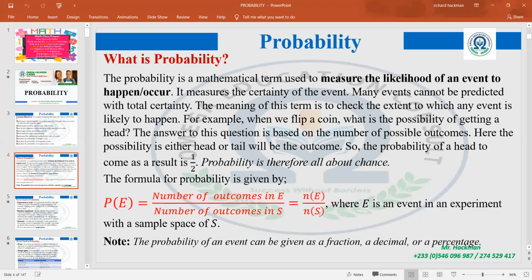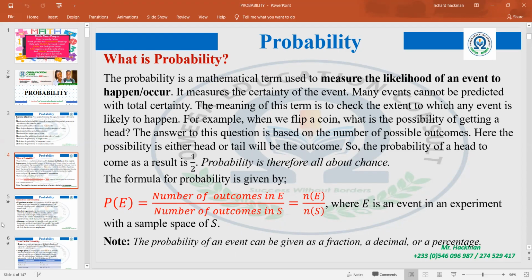Usually when we talk of probability, we leave our answers in fraction, but you can leave your answer as a decimal or in percentages as well. So please take note. Your probability results will not always be a fraction. It can be measured in terms of percentages or decimals.